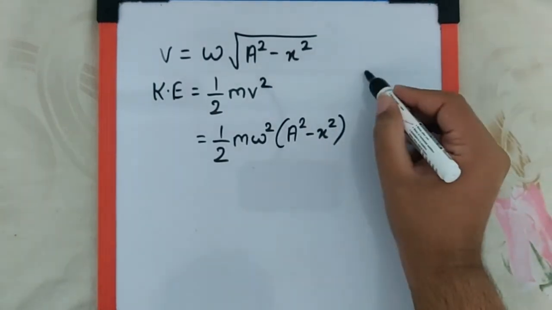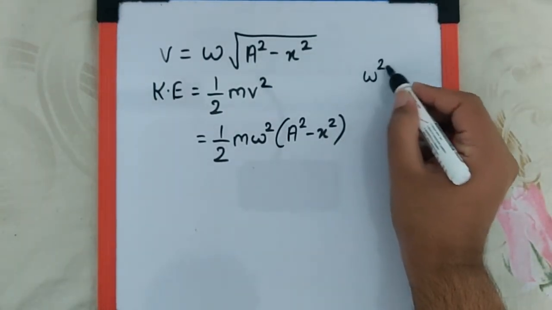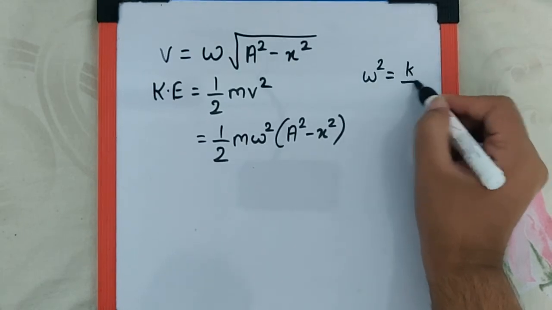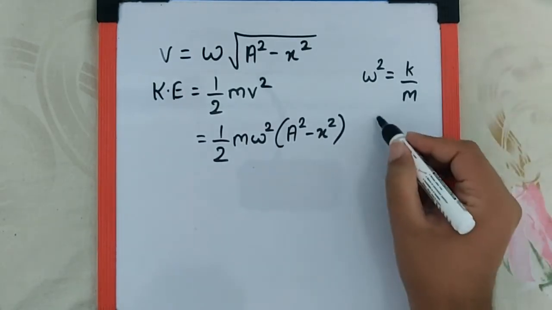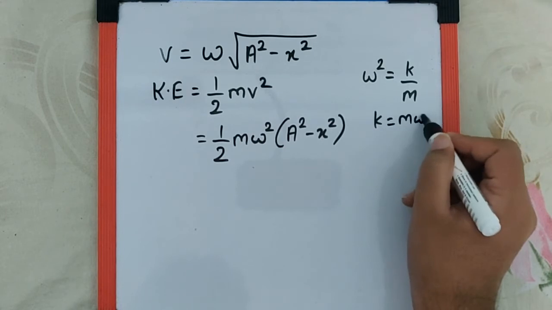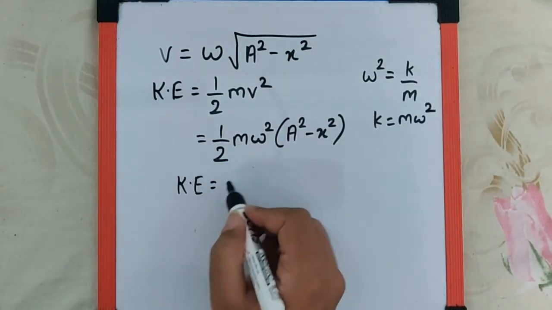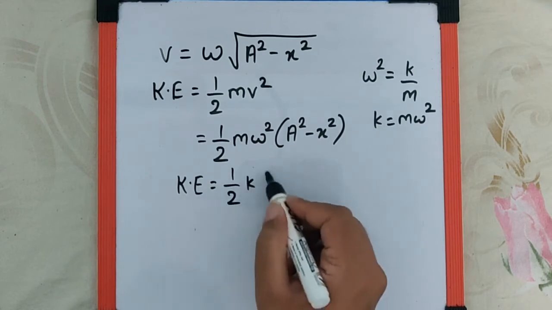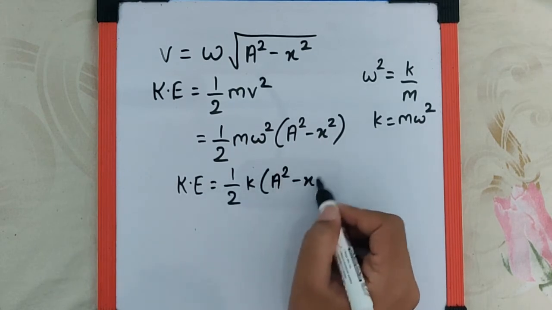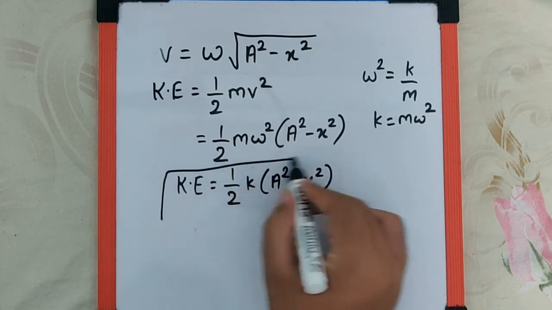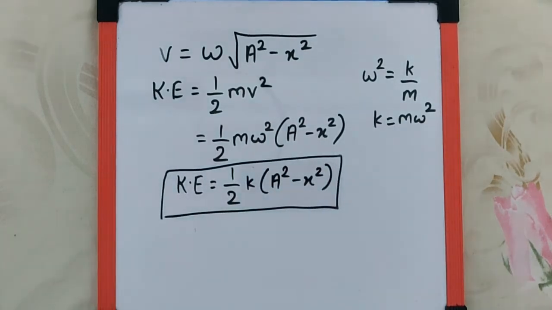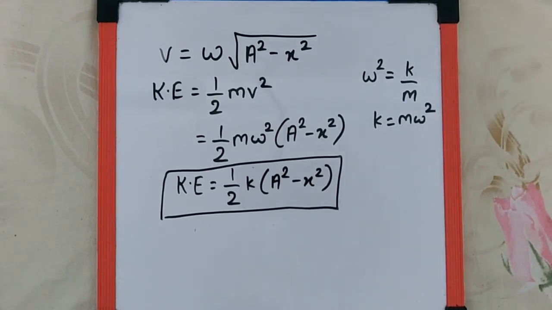Now if you remember, we got omega square to be k by m, and so k is m omega square. So we can write kinetic energy as half k a square minus x square. That's the formula for kinetic energy in terms of position of the particle performing SHM.